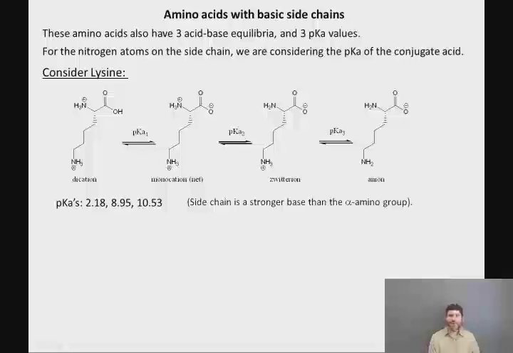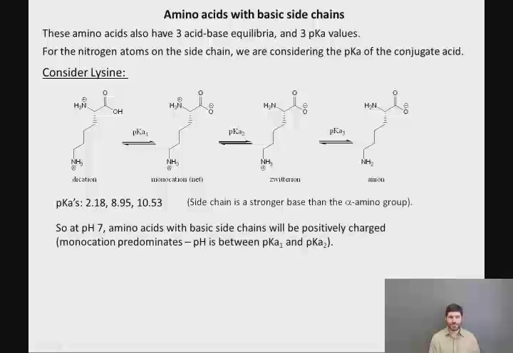So the three pKa's for lysine are 2.18, 8.95, and 10.53, and you should note from the diagrams that the side chain is actually a stronger base than the alpha amino group. It is the side chain that is the last to lose its proton.